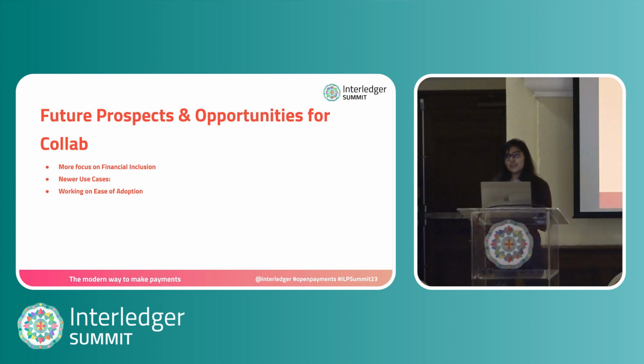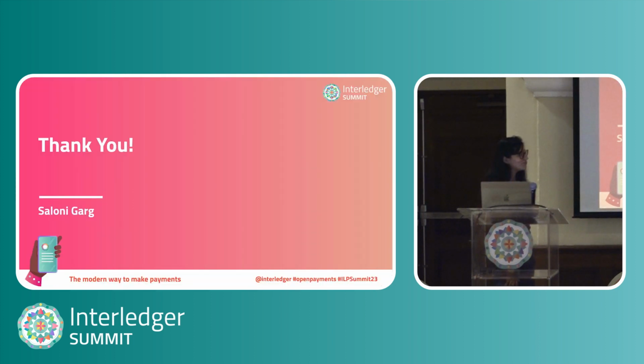Right now, they have to set up an entity within India, and then there is a hugely complicated process to get paid. If we match ILP's interoperability across different networks and currencies with UPI, I think this can open a huge world of possibilities there. That's all. Thank you.